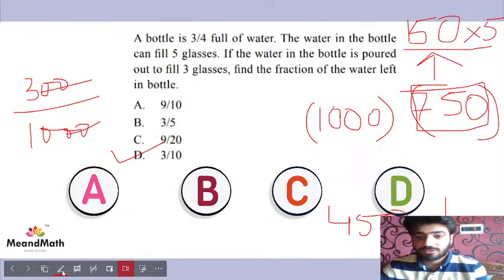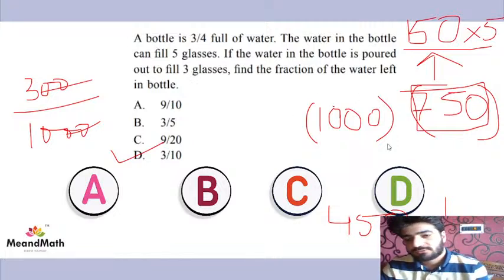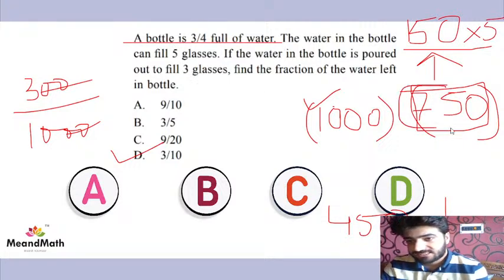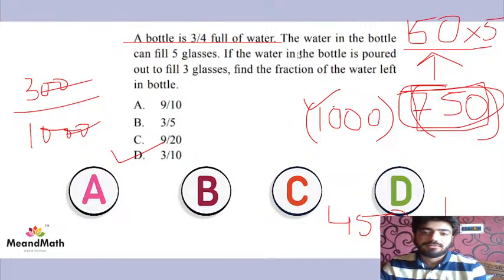You understood the logic of what I'm saying. Imagine the total capacity of the bottle is 1,000. If it is 1,000 and it is 3 by 4 full of water as in the question, then it is 750 ml full of water. The water in the bottle can fill 5 glasses. If I divide 750 into 5 equal parts, it will become 150.